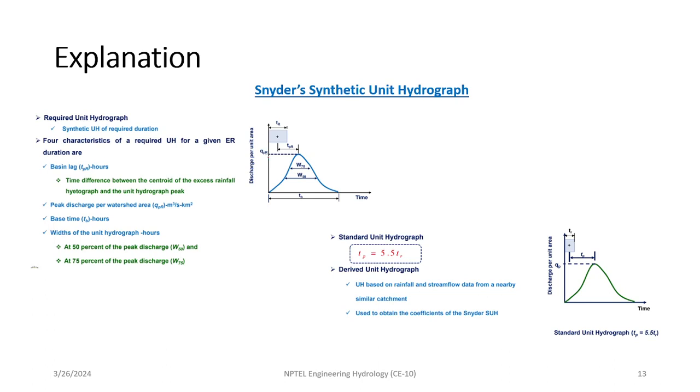So here you can see that this was the TR value, then TPR, which is the time from the centroid to the peak. It is also already mentioned as the time difference between the centroid of the excess rainfall hydrograph and the unit hydrograph peak. And then the base time you already know.